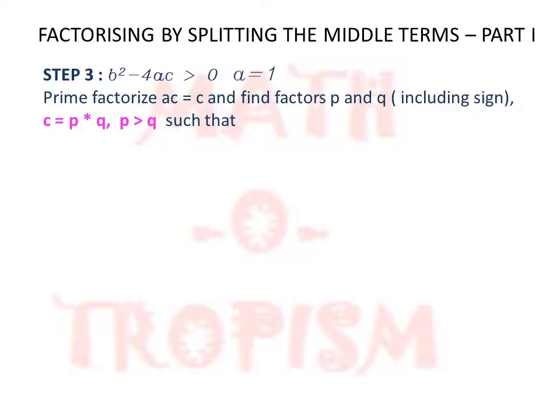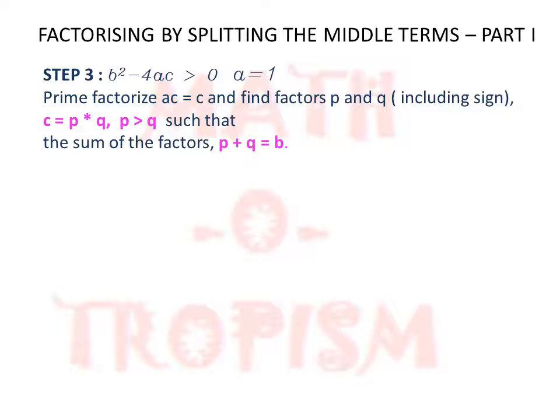Always I am going to take p greater than q in such a way that the sum of the factors p and q will be equal to the middle term b. So I'll repeat it. I am going to split c into two factors p and q where p is always greater than q in such a way that adding the factors gives me the middle term b.